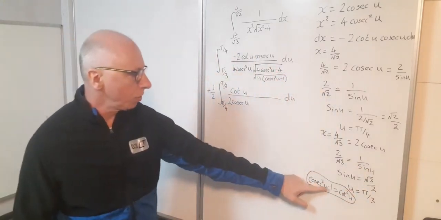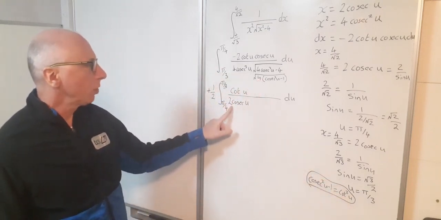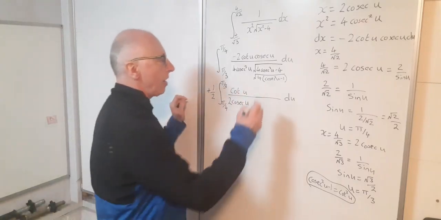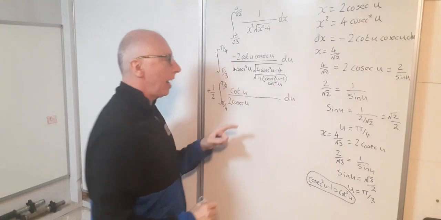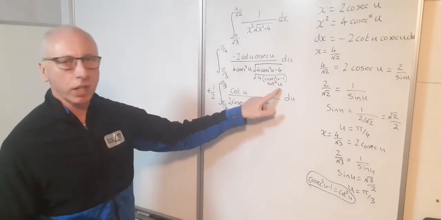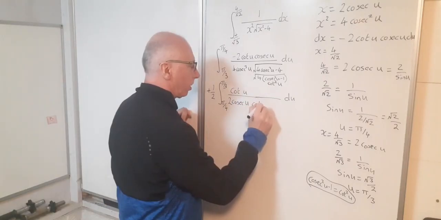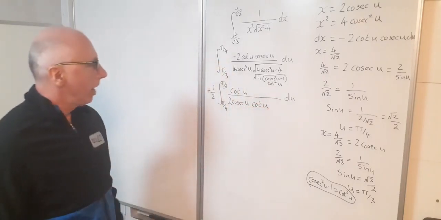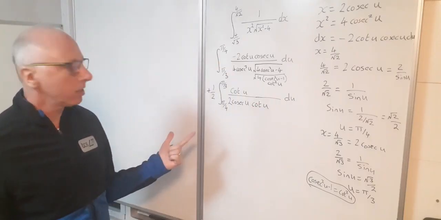So I could substitute that for cotangent squared u, and it's multiplied by 4, so I've taken care of that. So that there is just cotangent squared u, and it's in a square root, so I can just write cotangent u. So then all I've got there now is cotangent of u. And this is all of a sudden starting to jump out and looking very simple.